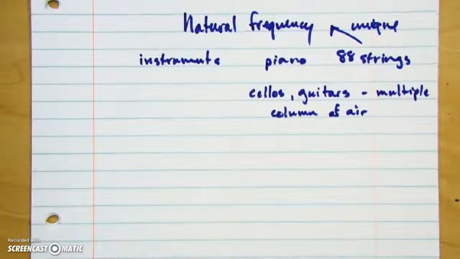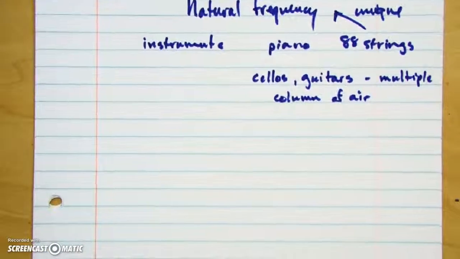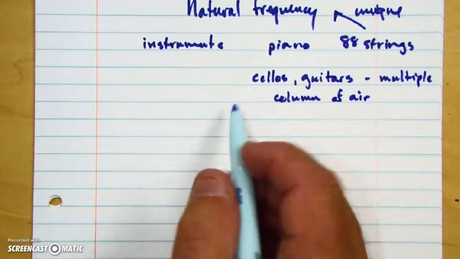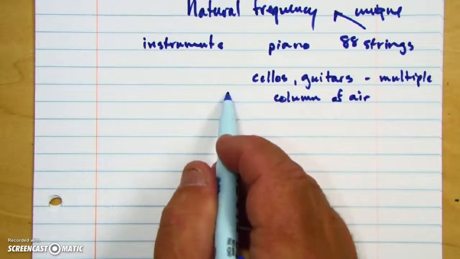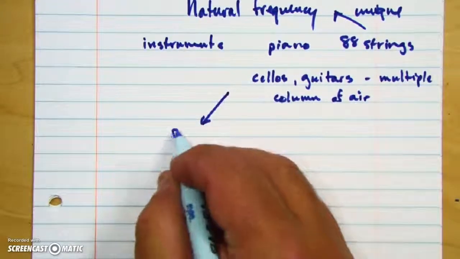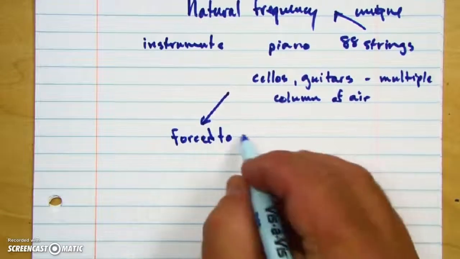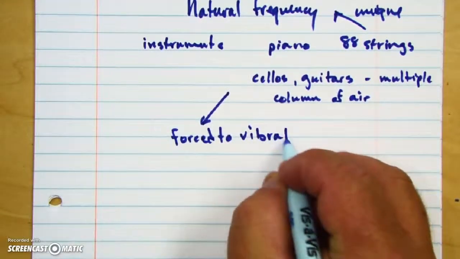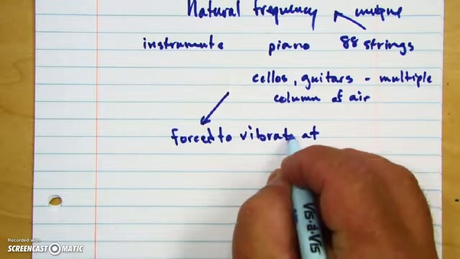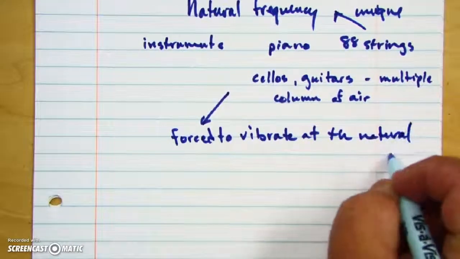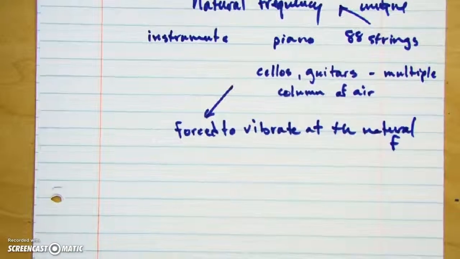Now, we have seen some disastrous side effects of this. Oh, well, I guess let's go to the next thing. If you force something to vibrate at the natural frequency, what's going to happen is the motion is going to get larger and larger and larger.